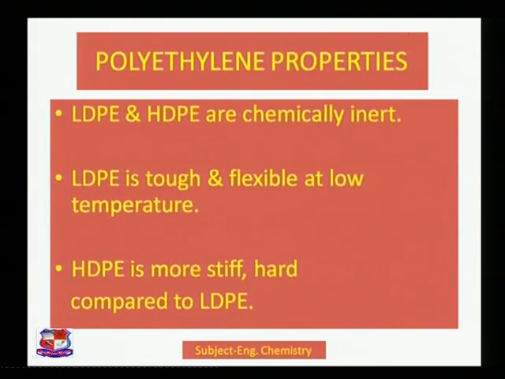Low density polyethylene is tough and flexible at low temperature, but high density polyethylene is harder and stiffer compared to low density polyethylene. So these are the properties one has to keep in mind while discussing polyethylene.